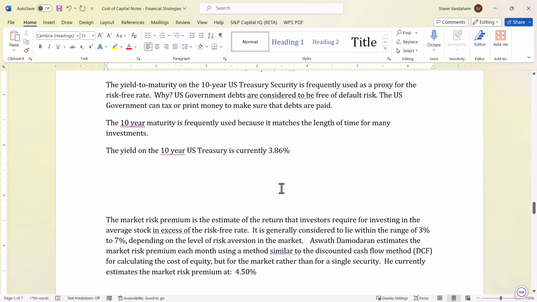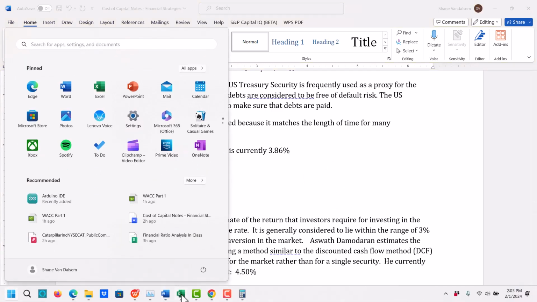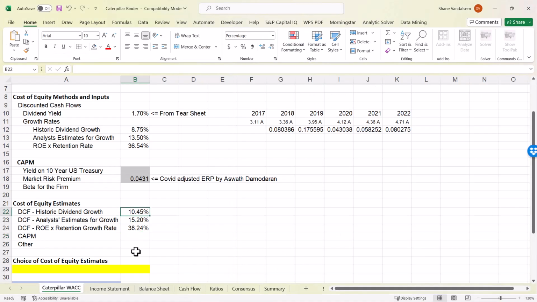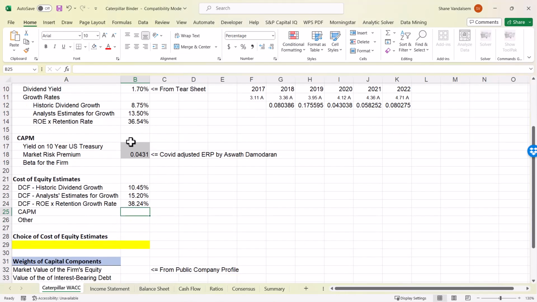So let's go ahead and use this information. We're going to go back out to Caterpillar and take a look at what the capital asset pricing model value is. So the yield on the 10-year U.S. Treasury, and I apologize, this should be 4.50%, was 3.86%.